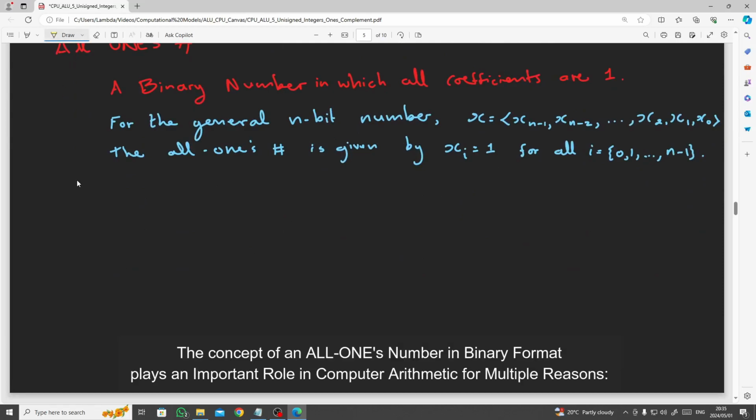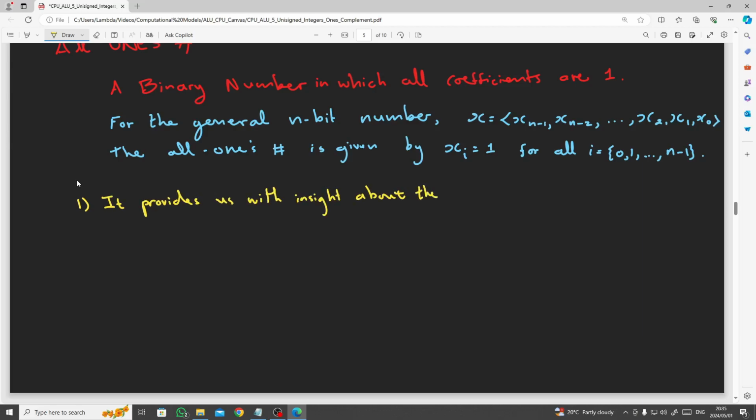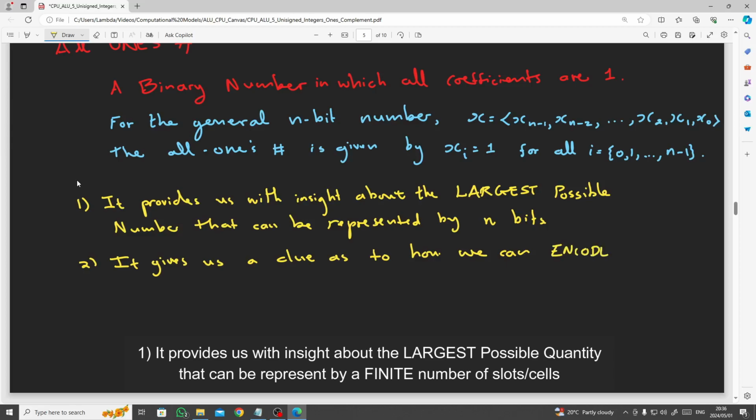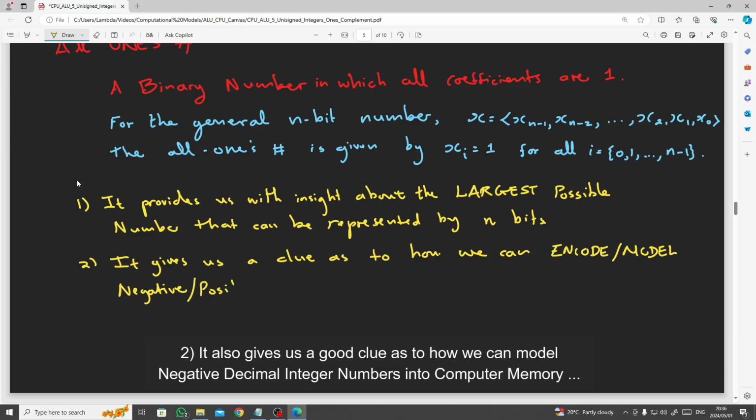The concept of an all ones number in binary format plays an important role in computer arithmetic for multiple reasons. 1. It provides us with insight about the largest possible quantity that can be represented by a finite number of slots or cells. And 2, it also gives us a good clue as to how we can model negative decimal integer numbers into computer memory.